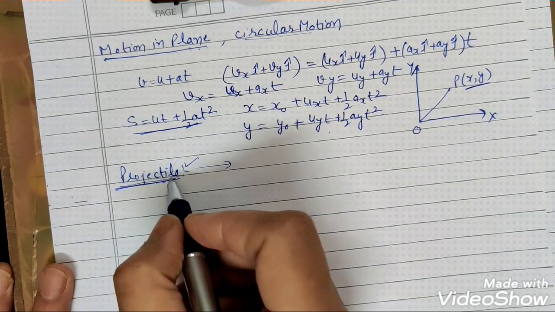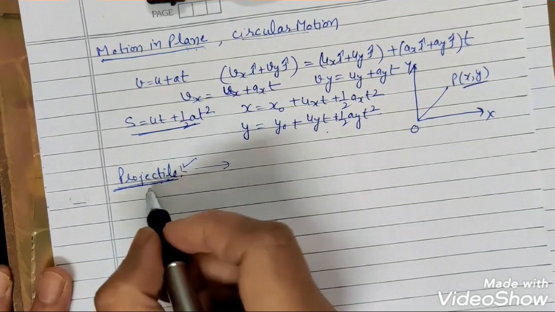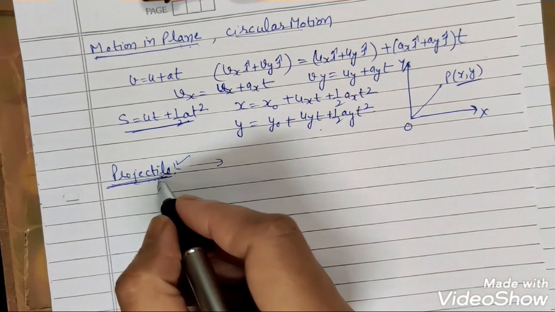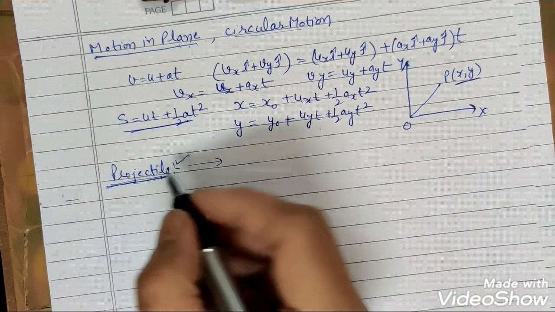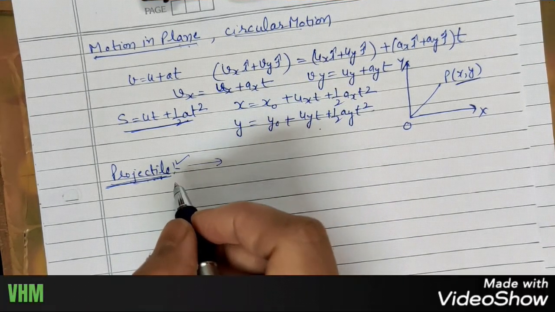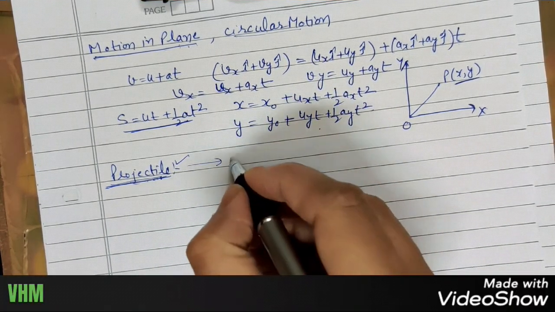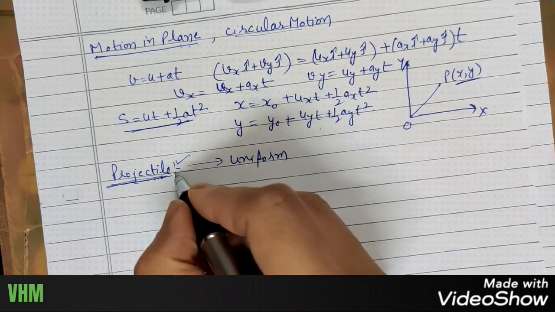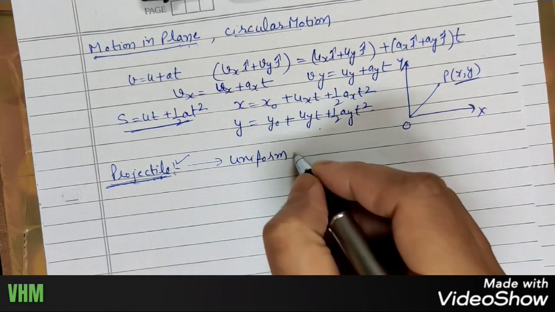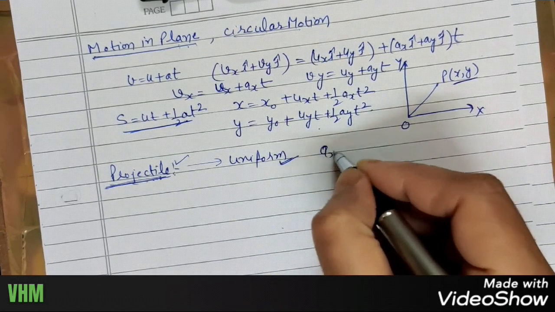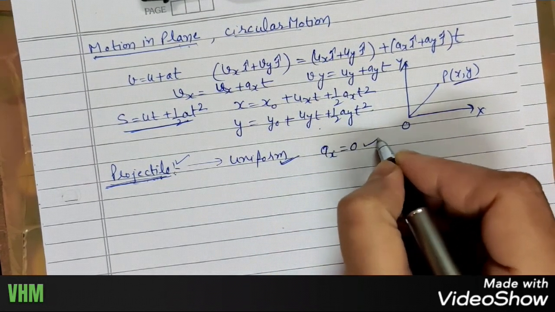But for the theoretical part, to explain the motion of a projectile, the air friction is neglected and it is considered as the combination of two motions, two velocities. One is along the horizontal, that is uniform velocity. Means when we describe the projectile motion, the horizontal velocity remains uniform. So the acceleration along the horizontal is considered zero.